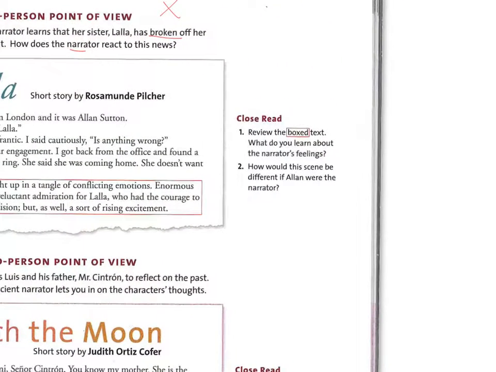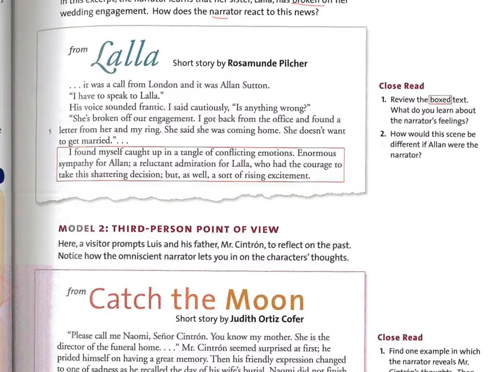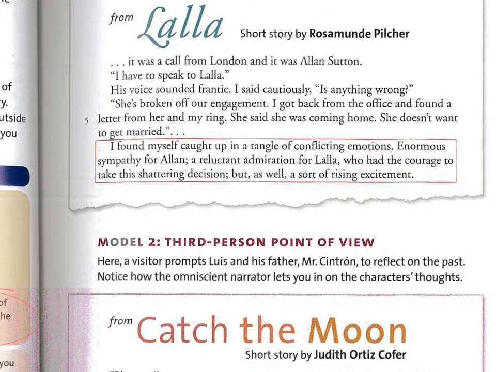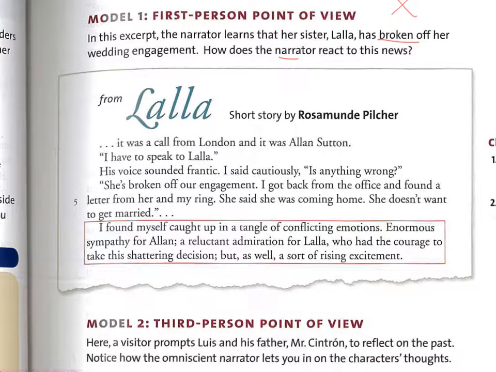Okay. Looking at the questions. So review the boxed text. What do you learn about the narrator's feelings? Well, first of all, you see that this is first person point of view, right? How do you know? Because you see the I. And is this person a character in the story? Yes. So we've got I, they are a character, first person.